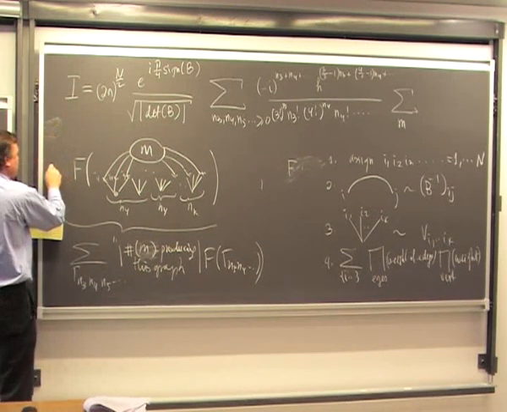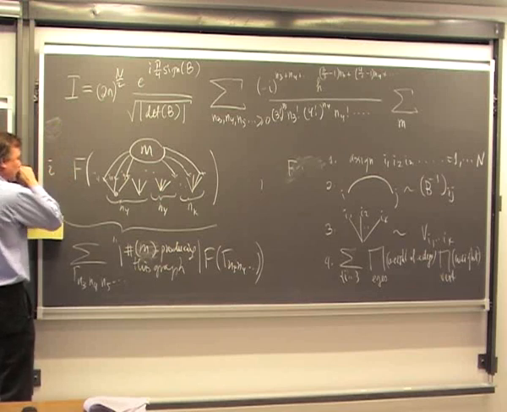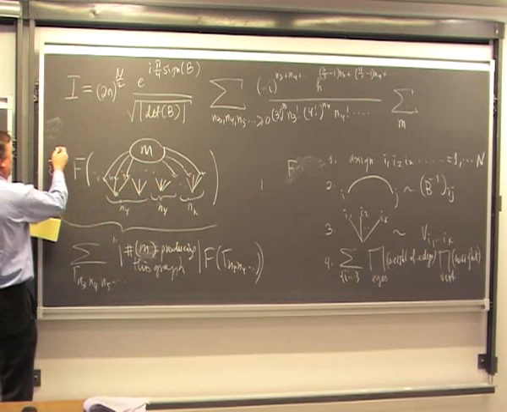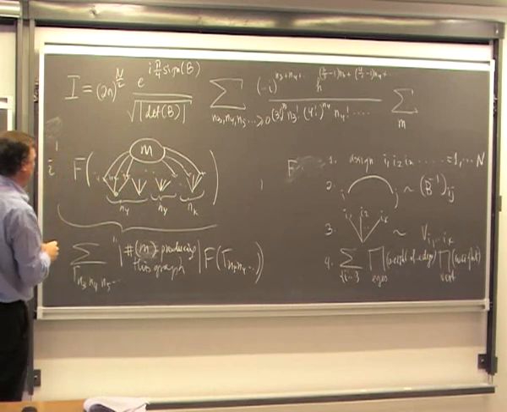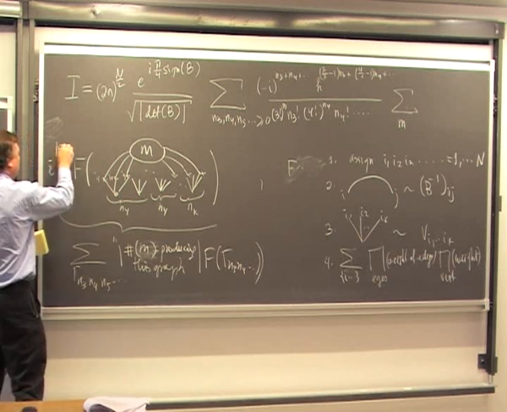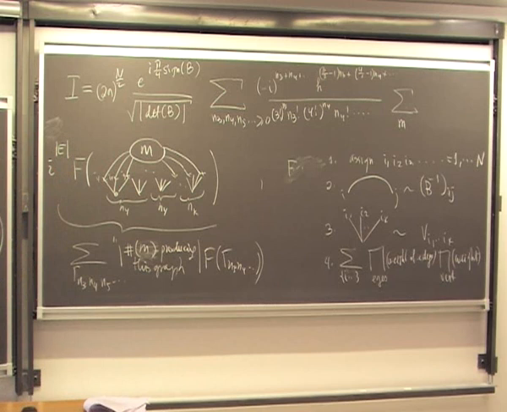So this contributes an extra factor i to the number of these points over 2, so it will be i to the number of h's. That's the extra factor that we will have there.